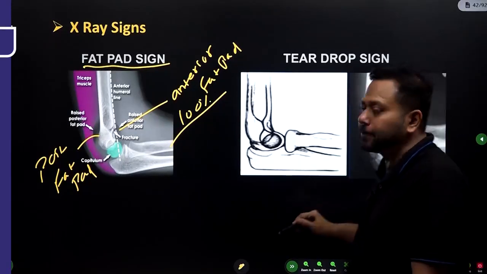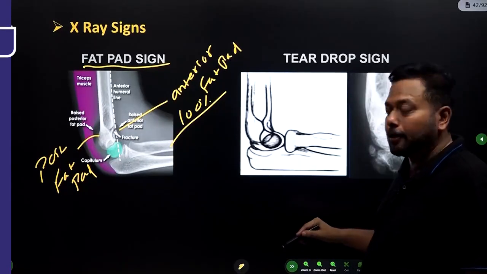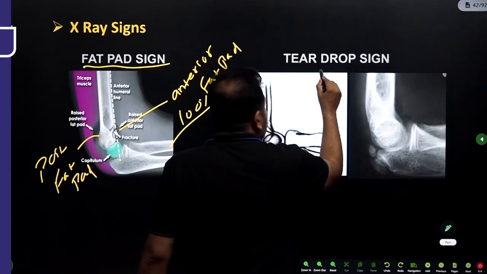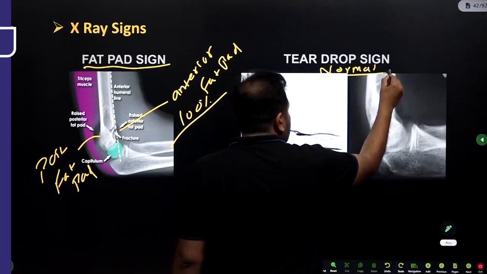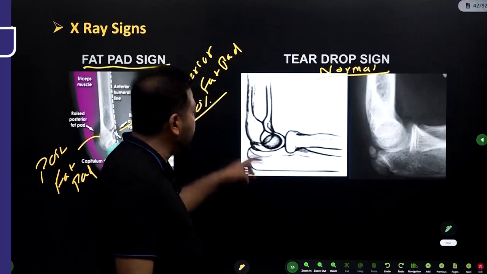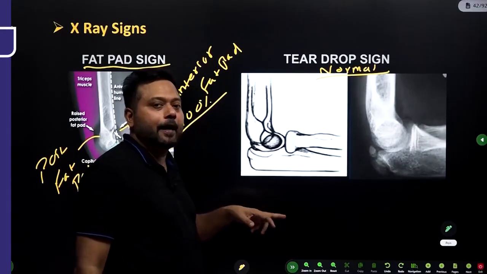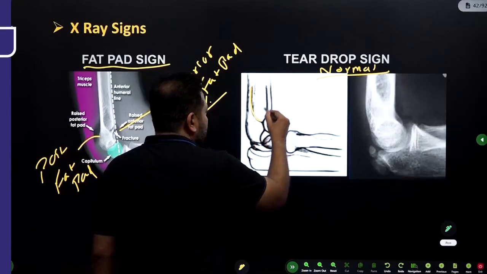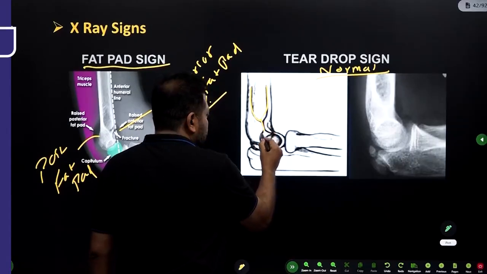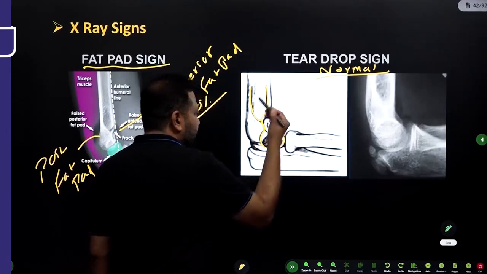You see, teardrop sign. Again, when you take a lateral view, teardrop sign of the elbow is normal. It is normally present in all of us. What is that? You take an X-ray of the lateral view of the elbow. This is the capitulum, the lower portion of the humerus. This is a schematic diagram.